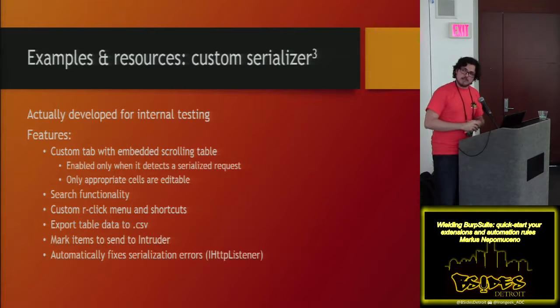So I call an HTTP listener, because once I hit go on repeater, the last thing that happens is it goes through the listener. When it hits the HTTP listener, I have custom methods in there to look over the whole thing and automatically fix any errors that I might have made in my manual editing. So it'll automatically fix them and send them off.